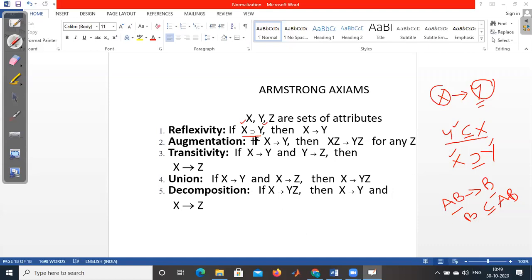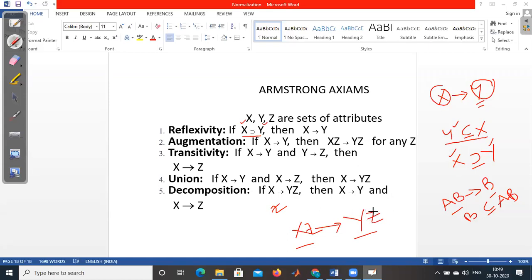Next one is the augmentation rule. According to the augmentation rule, if X → Y is there, then any variable, say for example some Z, can be added to the X part and the Y part. That means XZ → YZ.